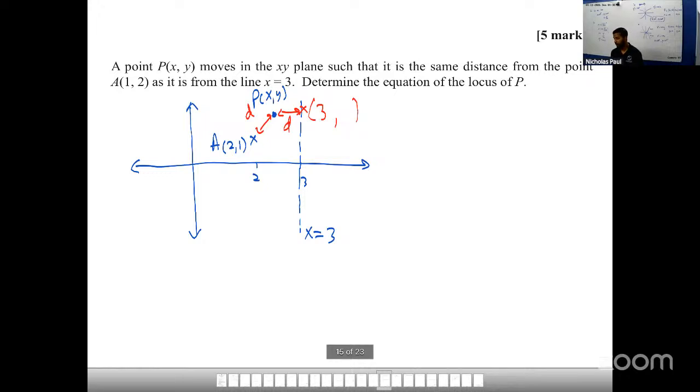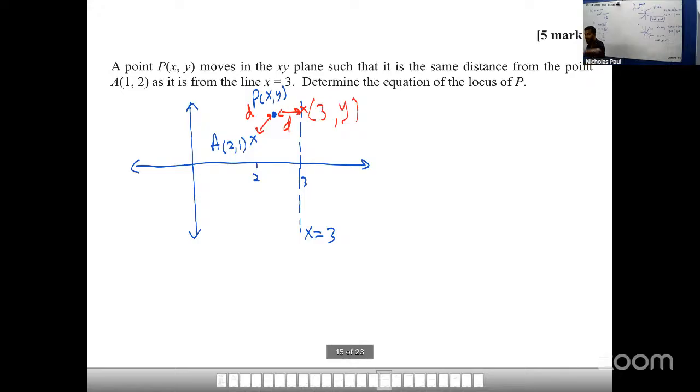0? No, 0 is not there. Anybody can help me? We need 2 points. It will be 3, y. It could be any y value, not any specific value, right?